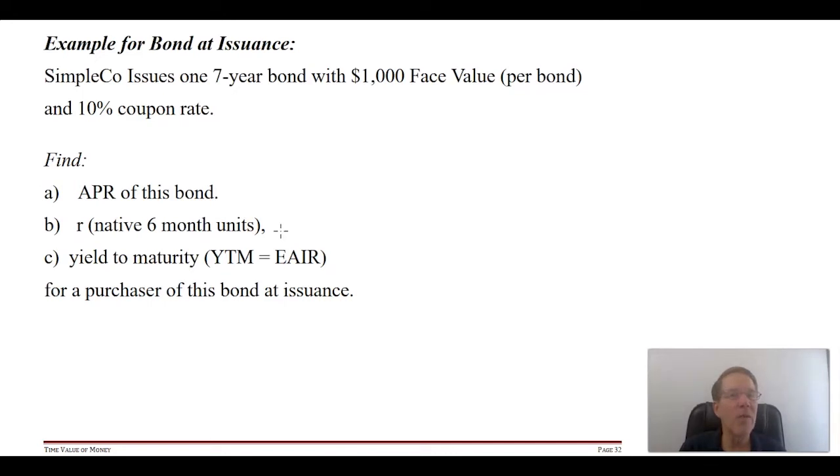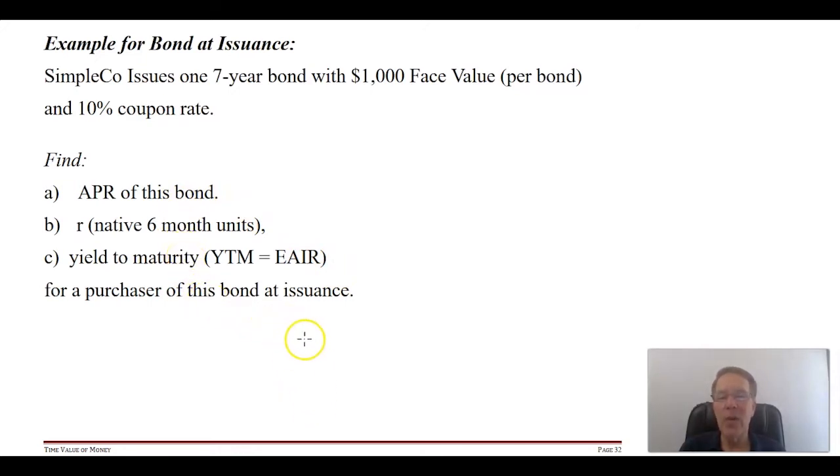Because the coupon's paid every 6 months. We want to measure time in 6 months, right? So we'll have to get our native R in 6-month time periods. And then let's get what they call in bond land yield to maturity, which we know is just the EAIR, right? And these are our 3 steps. We have an APR, get the R, get from that the EAIR, all right?